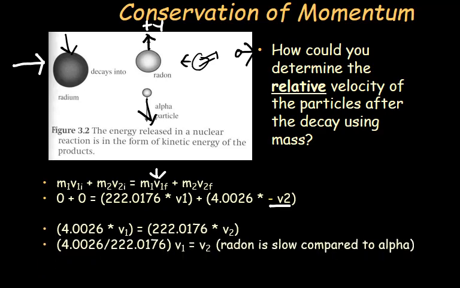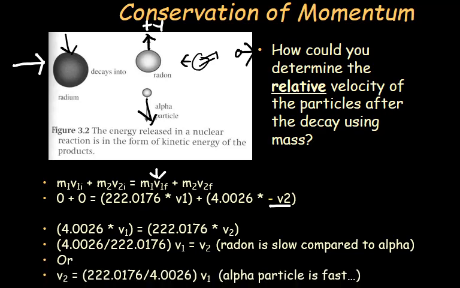We'll set up a ratio, and what we get is that the velocity 1 is going to be 4/220 of the speed of the other one. Or in other words, the other one's going to be this much faster. The alpha particle is going to be 222 divided by 4 times faster.